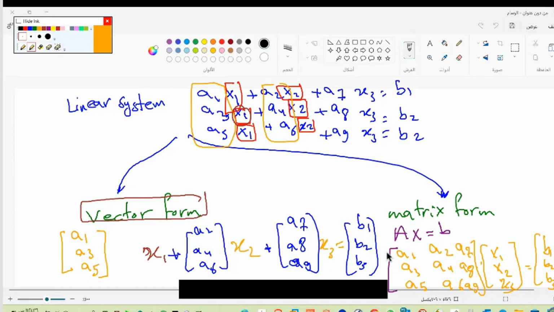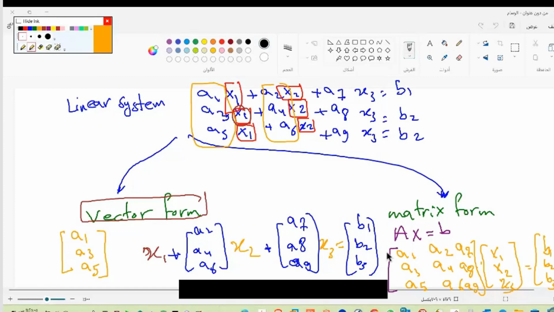In matrix form, as you see, it's all of A1 to A9 in one matrix, multiplied by X1, X2, X3, equal to B1, B2, B3. Okay, so these are the two forms.